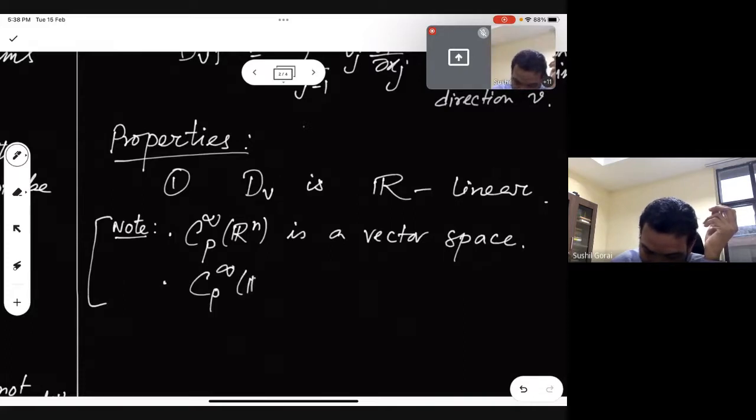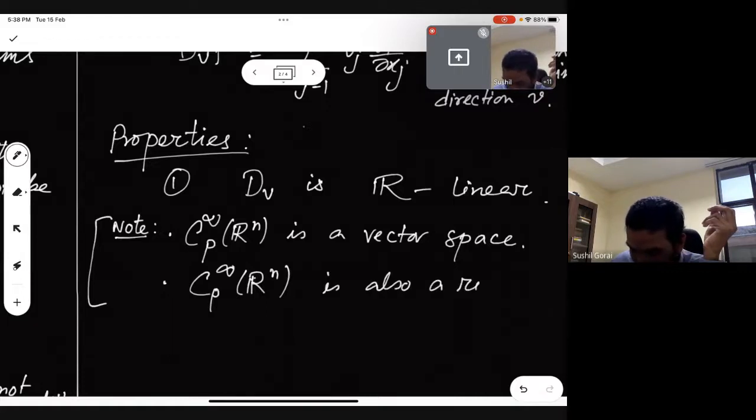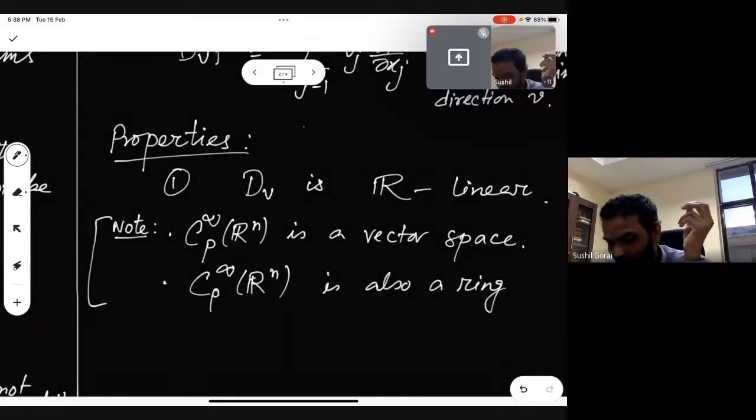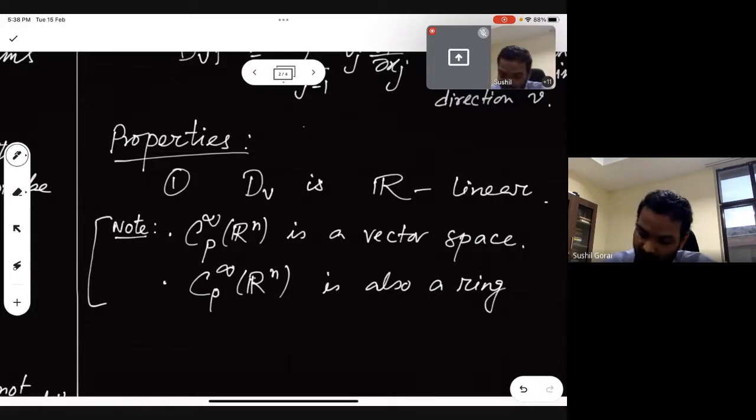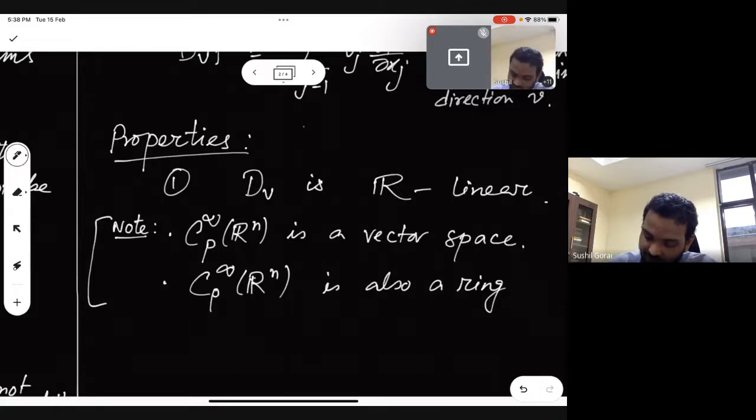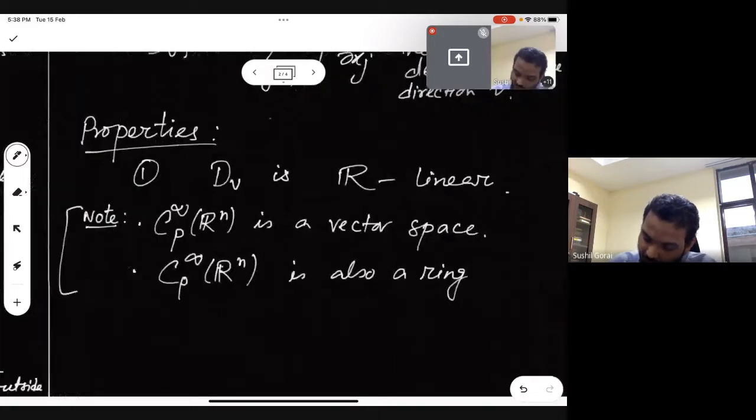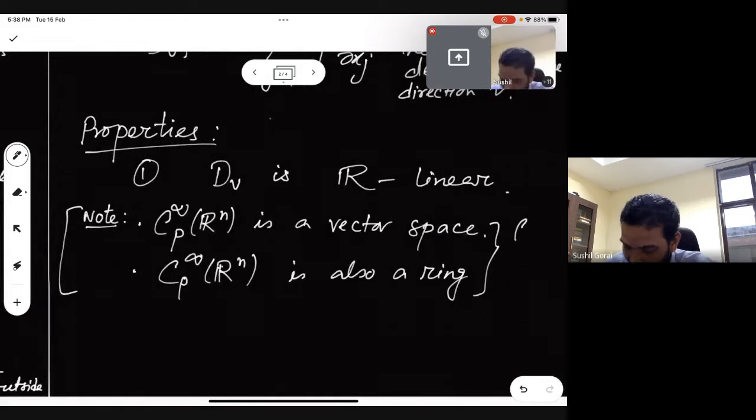C infinity R^n is also a ring, right? So you have a multiplication structure as well. So it's an algebra. These two combine, and C infinity at P of R^n forms an algebra.